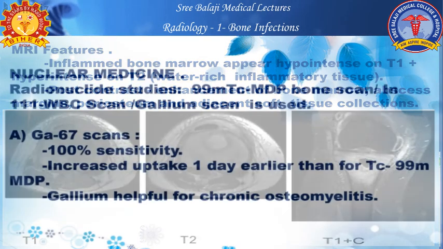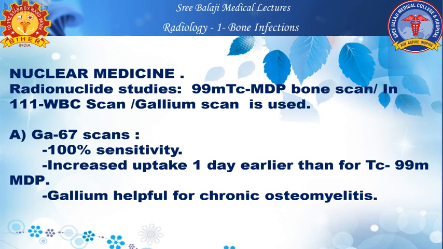In nuclear medicine, we have two radionuclides which can detect early infection. One is the technetium-99m MDP bone scan, and another one is the gallium scan. Gallium-67 is highly specific, whereas the technetium-99m MDP scan is done in 3 phases: the angiographic or blood flow phase, and the delayed phases.